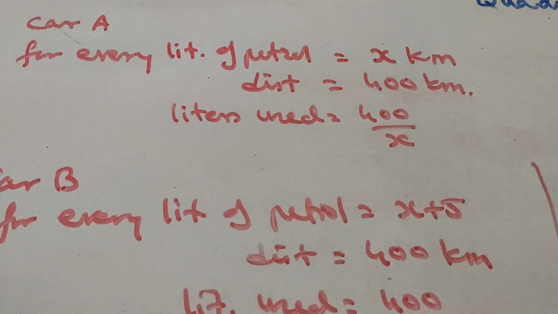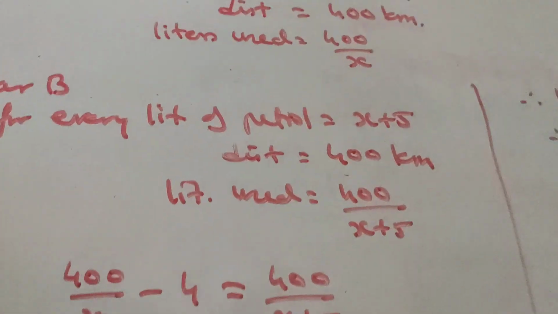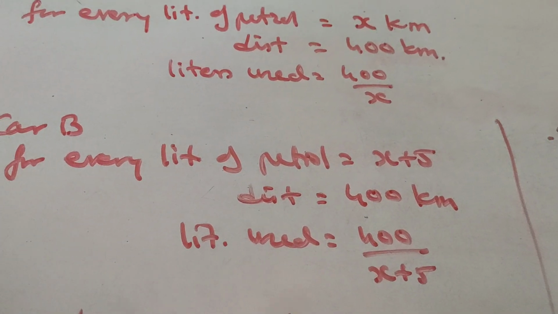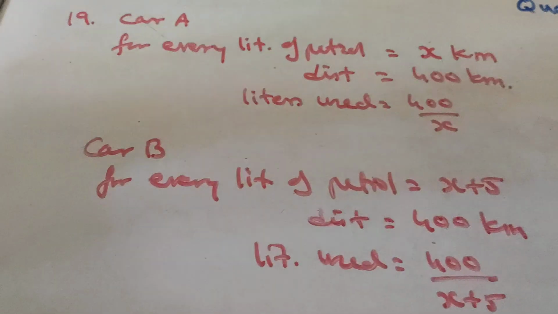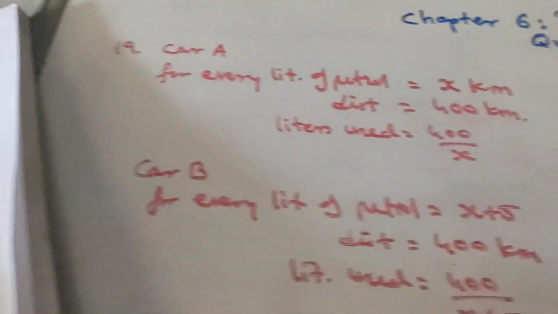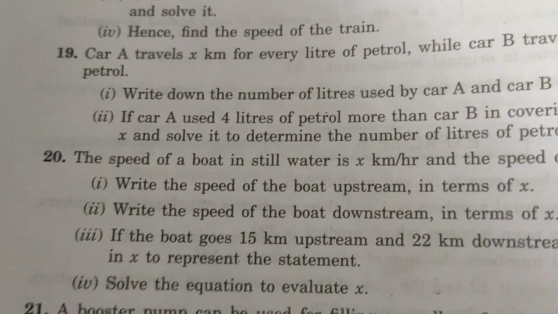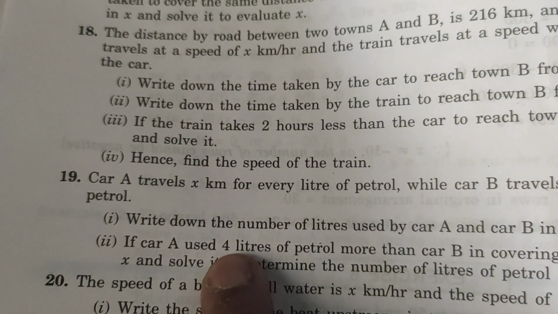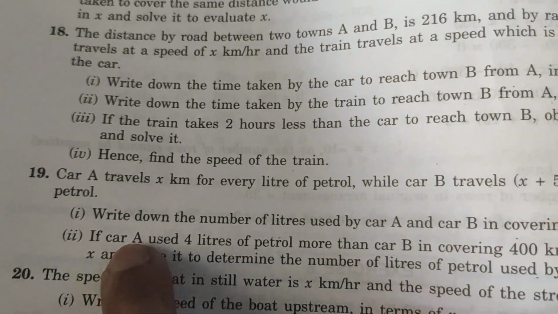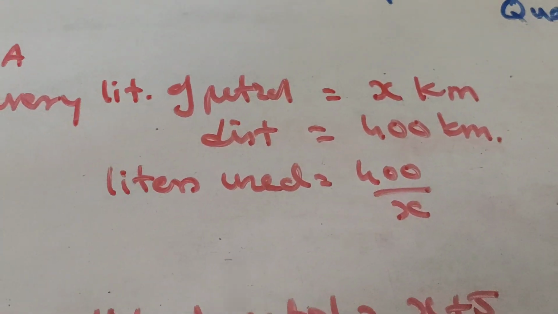Car B, for every liter of petrol, is going to go x plus 5 kilometers. The distance traveled by car B is the same, 400 kilometers. So the liters used is 400 upon x plus 5. Now the main part is here: 4 liters of petrol is used more by car A than by B. The liters used by car A is 400 upon x.